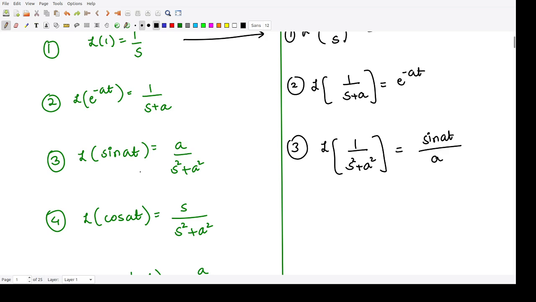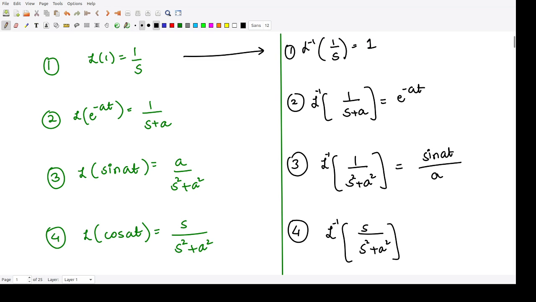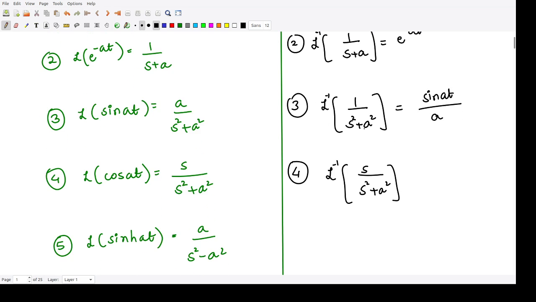Okay. And for the fourth formula, you have the Laplace inverse of s divided by s square plus a square. Now s could not be taken out from this Laplace inverse operator. So this is equal to cos at.